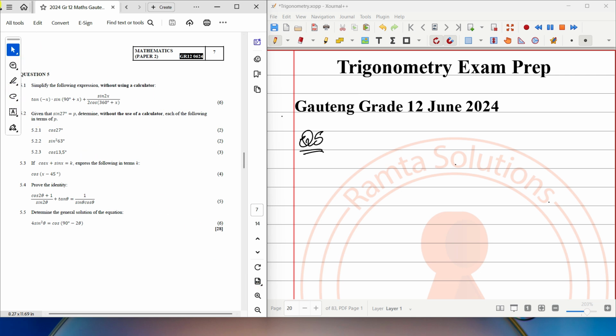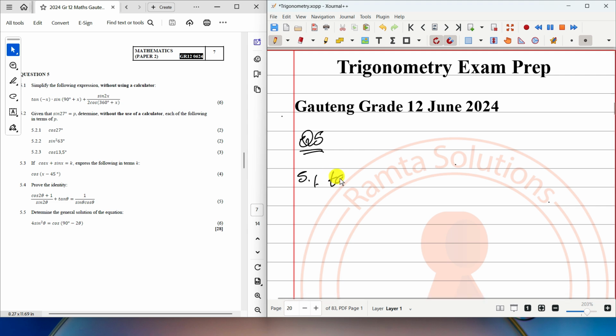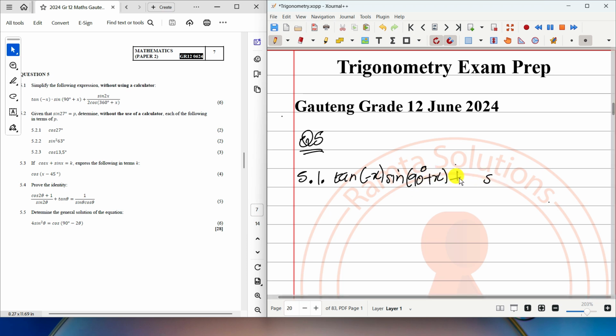5.1, simplify the following expression without using a calculator. The expression is tan(-x) times sine(90 degrees + x) plus sine 2x over 2 cos(360 degrees + x).